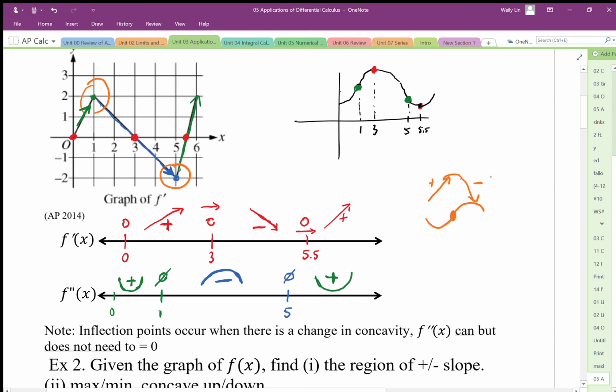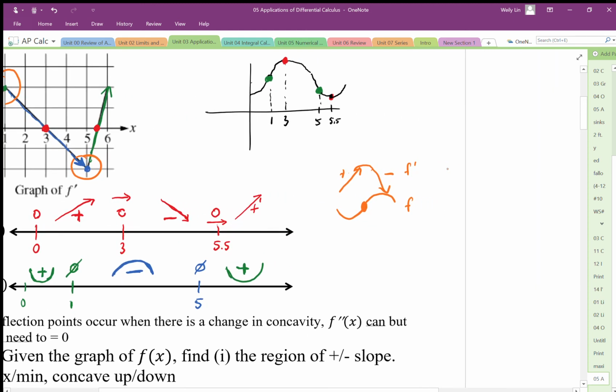So this is f prime, and this is our f graph. The reverse is also true. If you have negative concavity, it's going to go like that, and then it switches to positive concavity, and that point again represents an inflection point.